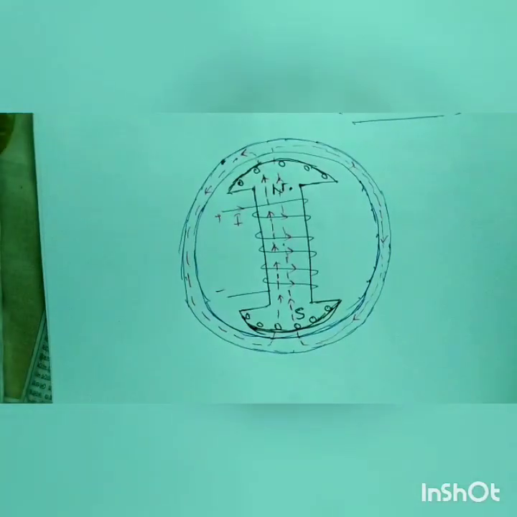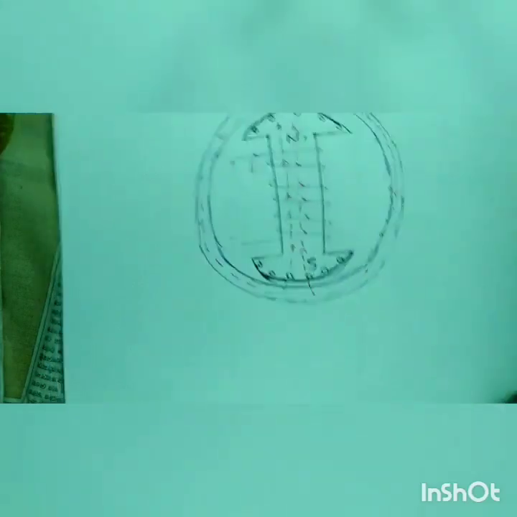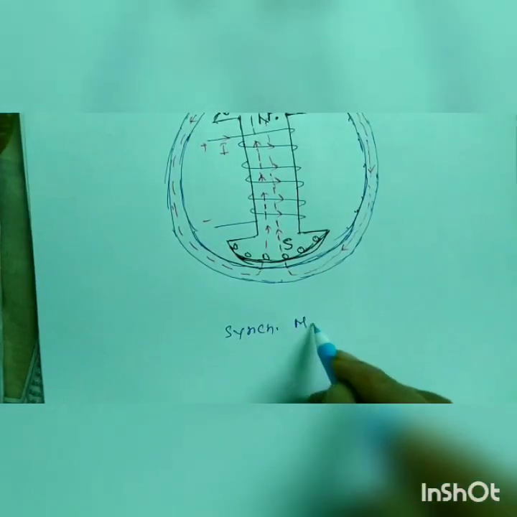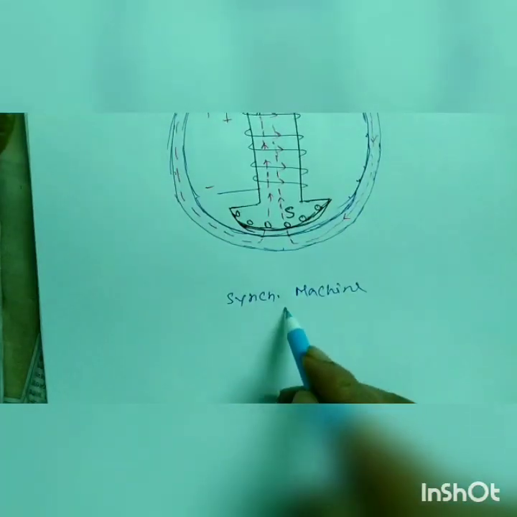First of all, you know there are two types of synchronous machine.